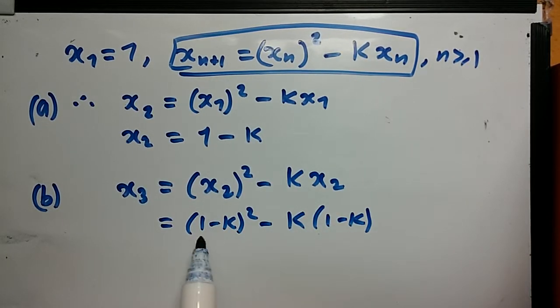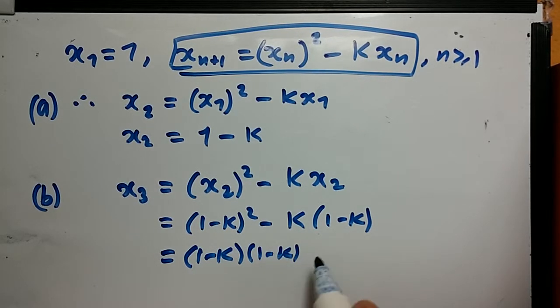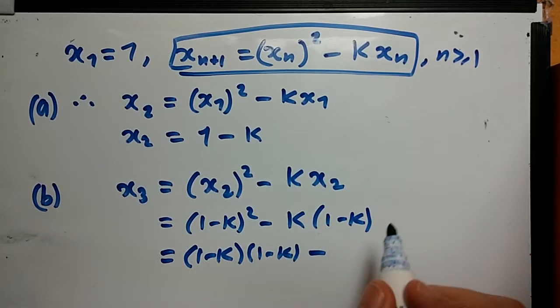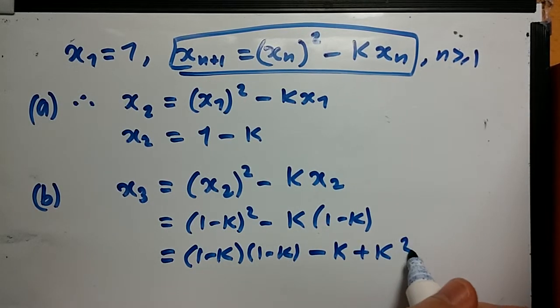And lastly, notice that we have a quadratic expression here. So remember, it's a quadratic, so we're not squaring 1 and k separately. It's going to be (1 minus k) times (1 minus k), okay? Minus k times (1 minus k). And now opening this bracket, we're going to have minus k times 1 is minus k, minus k times minus k is plus k squared.